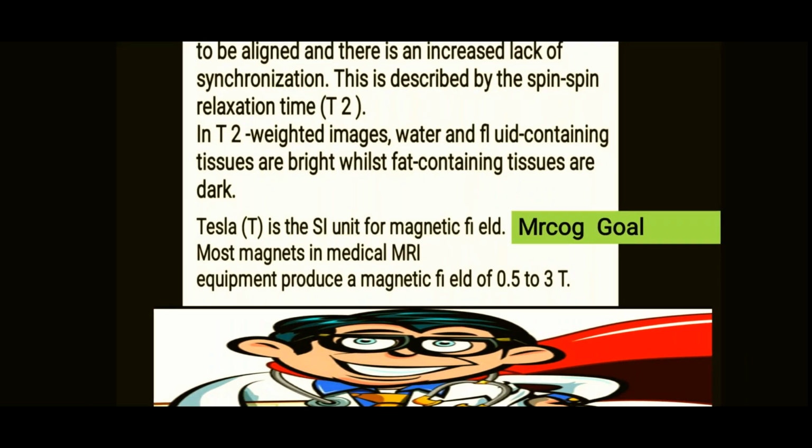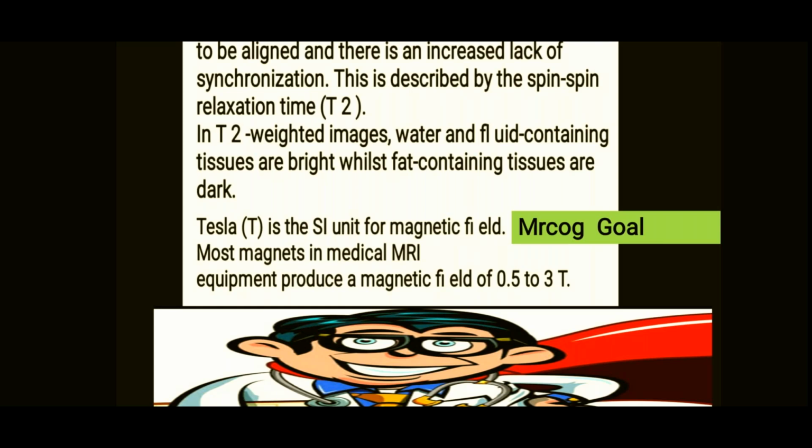In the T2 images, you'll see that the water and the fluid containing tissues are bright, while the fat containing tissues are dark. And you'll see the opposite in T1, right? So the water and the fluid containing tissues are brighter in the T2 images that we generally come across, right? Whereas the fat containing tissues or structures will look dark there.